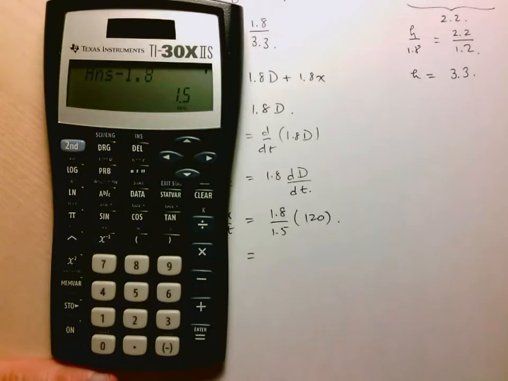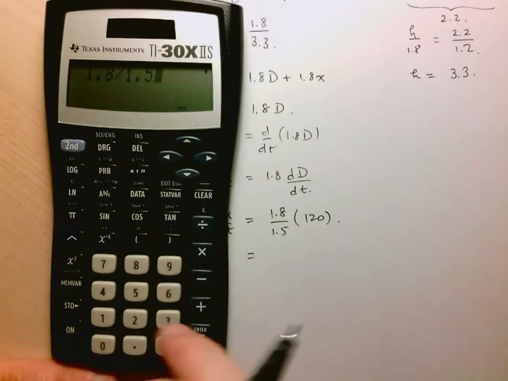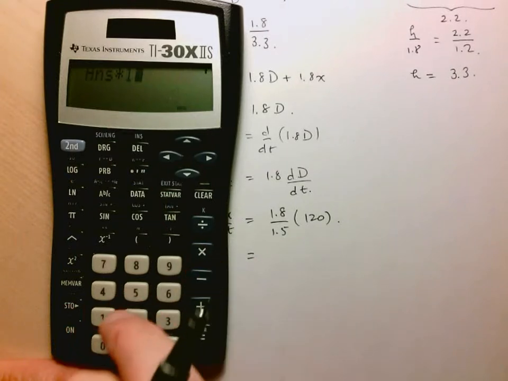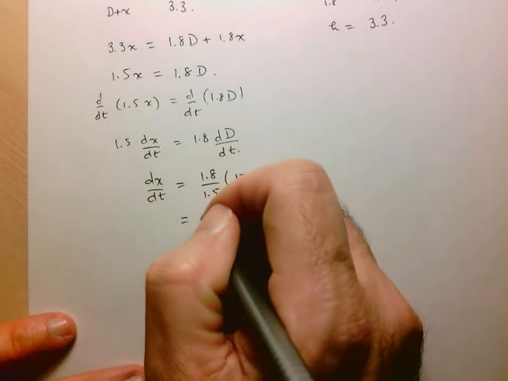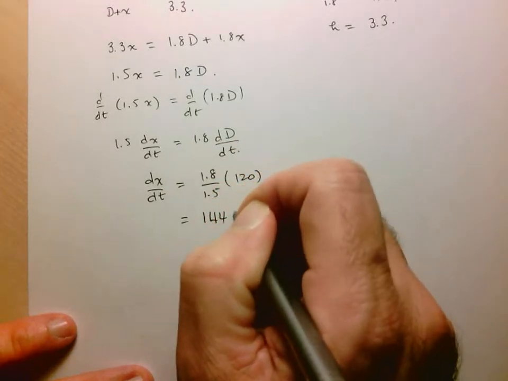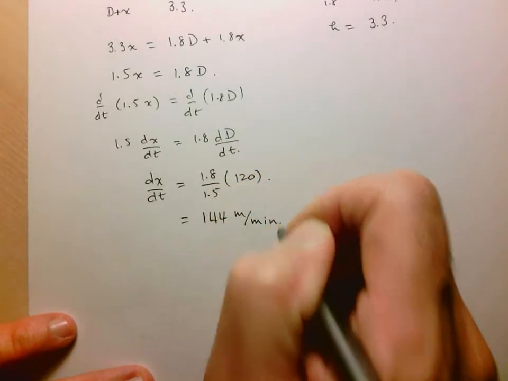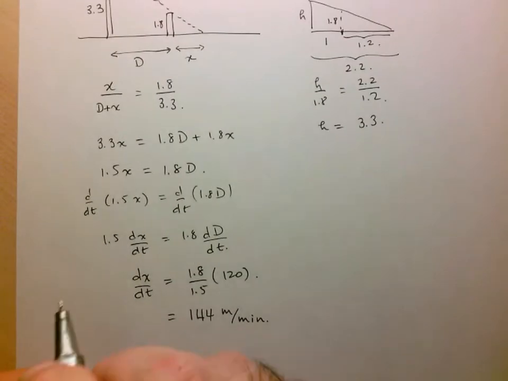So 1.8 divided by 1.5 times 120 is 144. So that's going to be 144 meters per minute. And there you go. That's the solution to the problem.